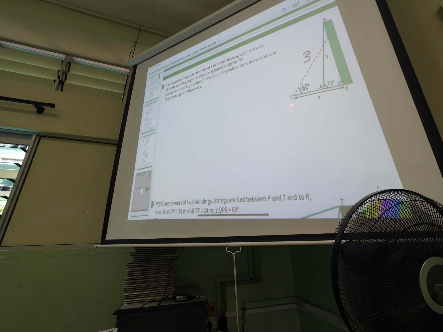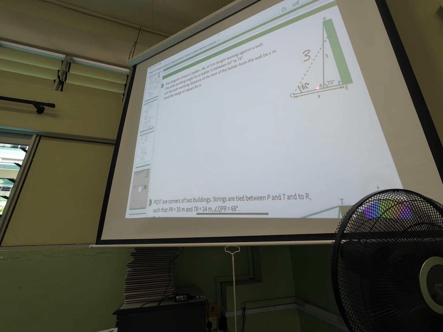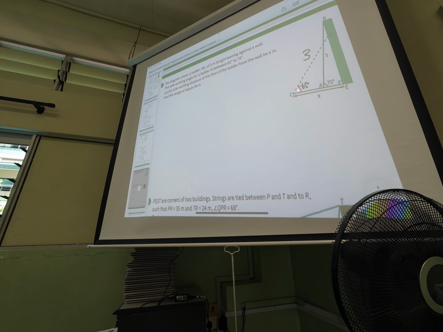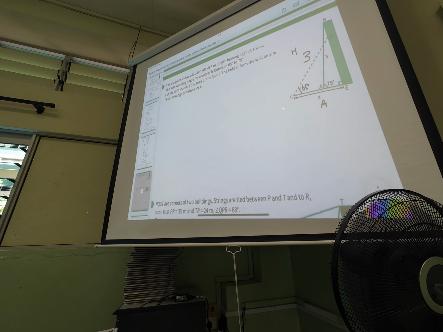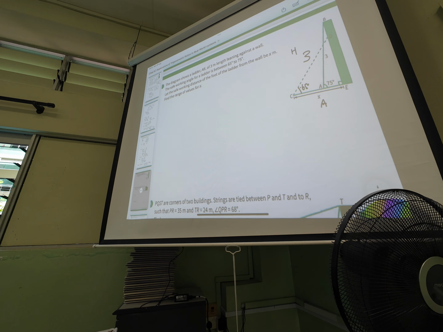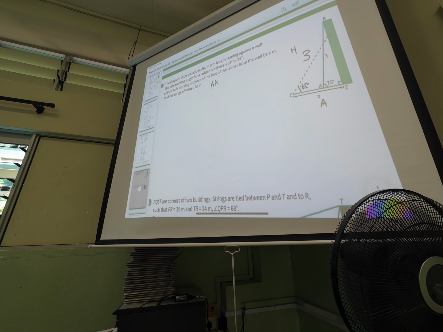Then X is my adjacent. It is touching this angle 65. So X is my adjacent, my 3 is my hypotenuse. It is the longest side, opposite your 90 degrees. So we need to link our A to our H. A, H. Is it sine, cosine, or tangent?